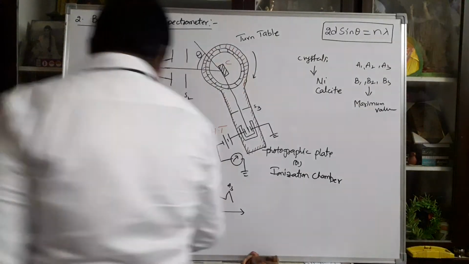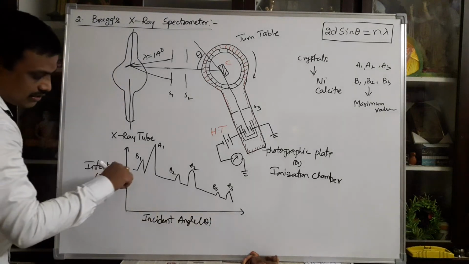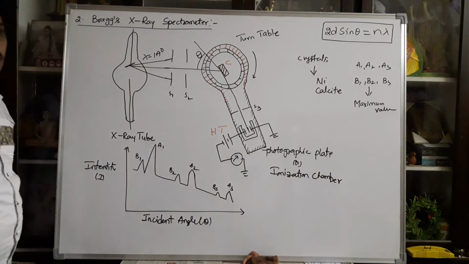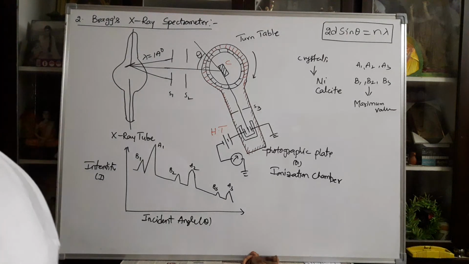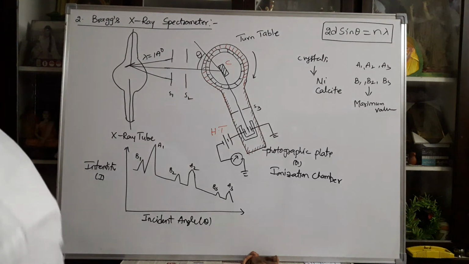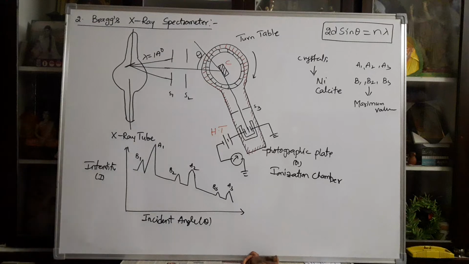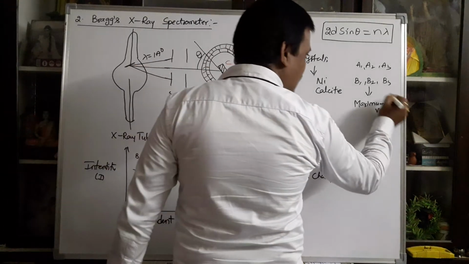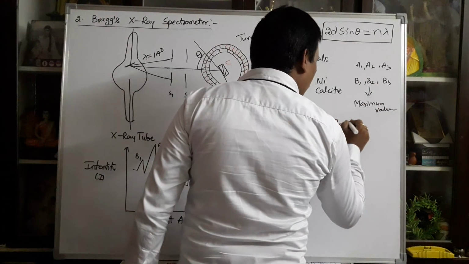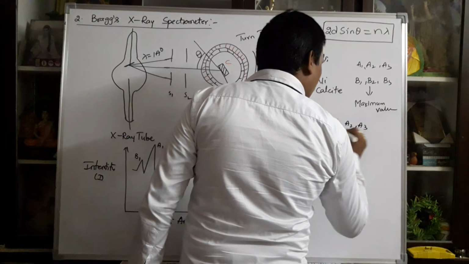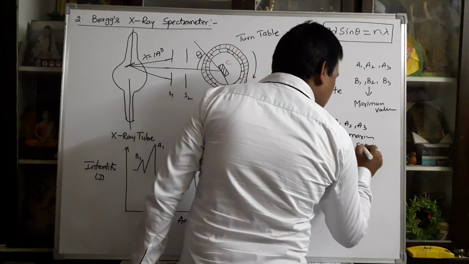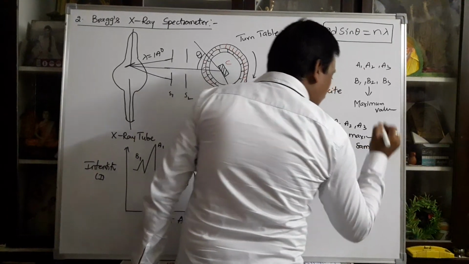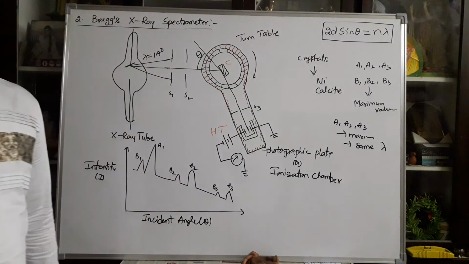As the incident angle increases, the intensity value simultaneously decreases. What is the difference between A1, A2, A3 and B1, B2, B3? A1, A2, A3 are the maximum values with the same wavelength of X-rays incident.